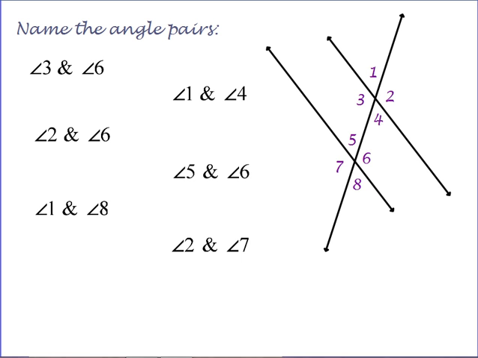How about 2 and 7? They're also alternate exterior. How about 3 and 7? What do you think they are? Corresponding angles. And finally, 4 and 5? Yep, alternate interior angles.